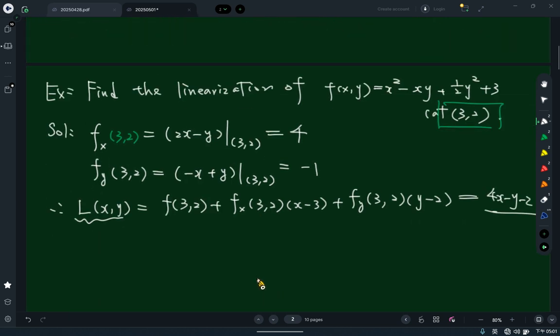I'm not sure if you also think about it. On Monday we just learned how, when I give you f of (s, y) equal to some function at a certain point (s0, y0), can you get its tangent plane? Actually, the tangent plane is just this linearization.